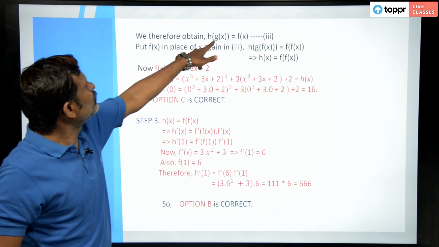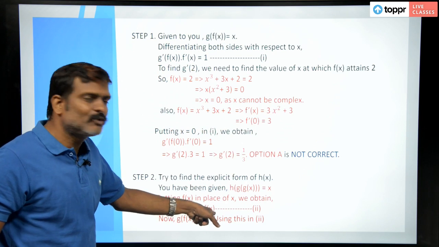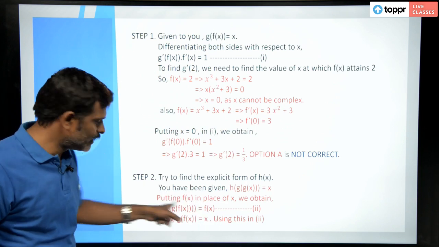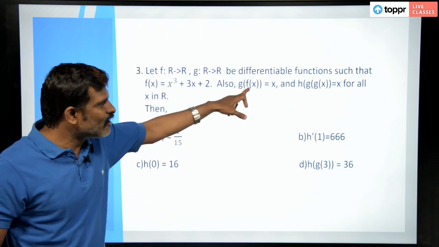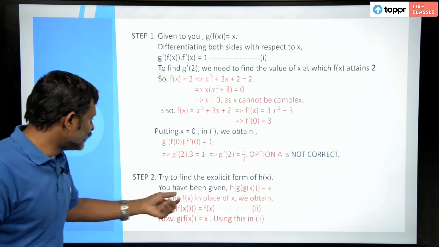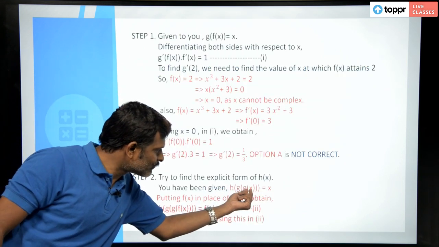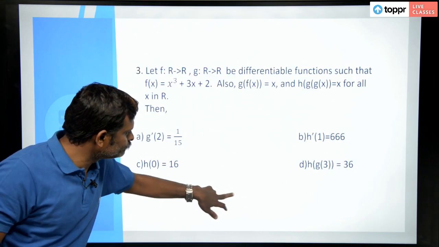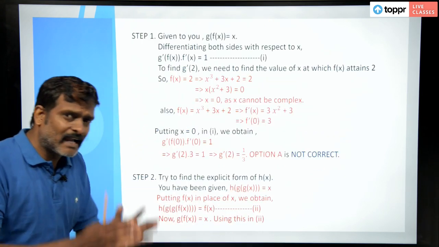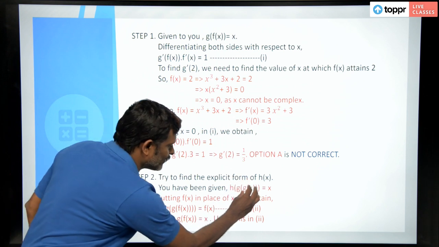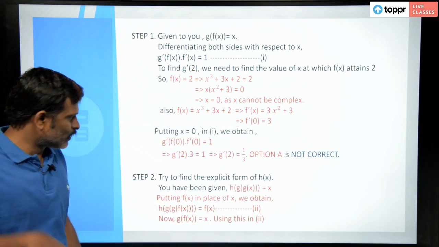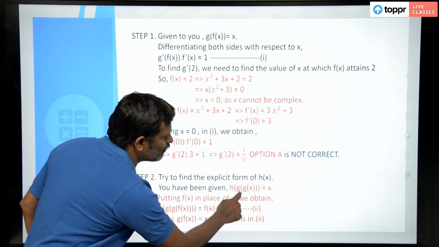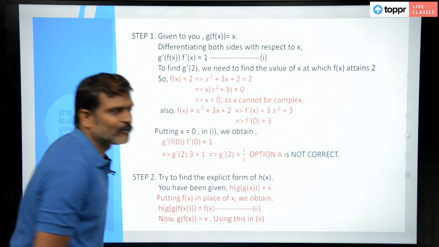So, h of g of x will be equal to f of x, right guys. Instead of x I am putting in f of x, so g of f of x will become x for me. So, I get h of g of x is equal to f of x.